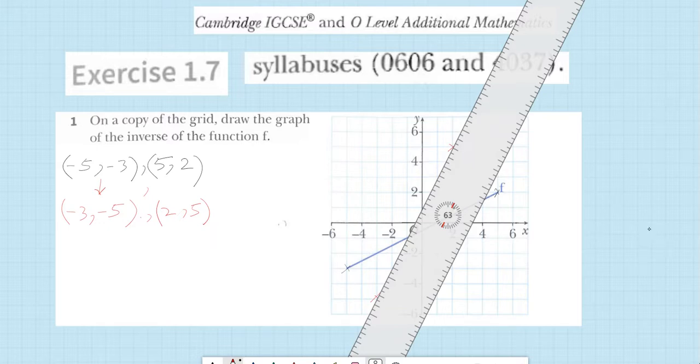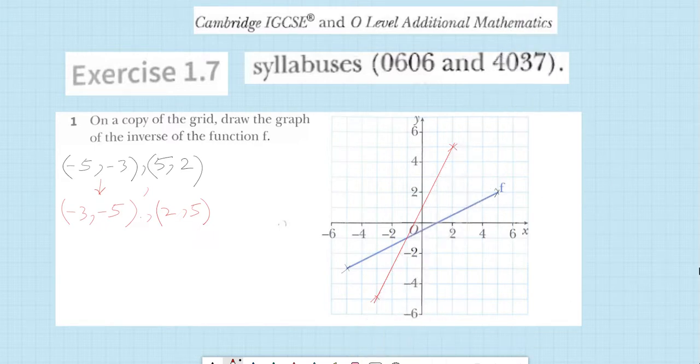Now I am joining these 2 points. Here we go. This is the inverse of this function. So this is f, and this should be f inverse.